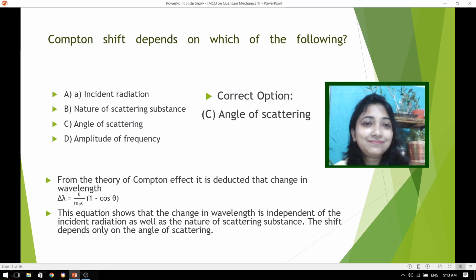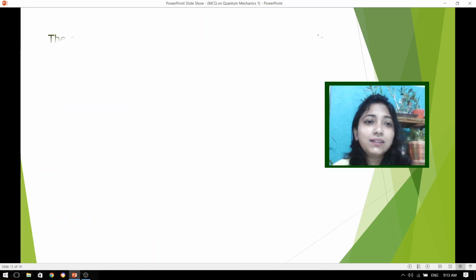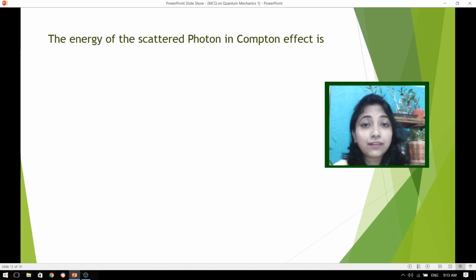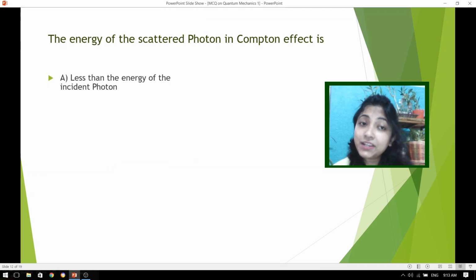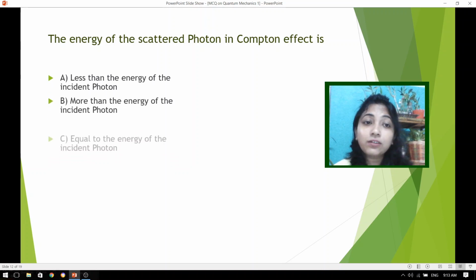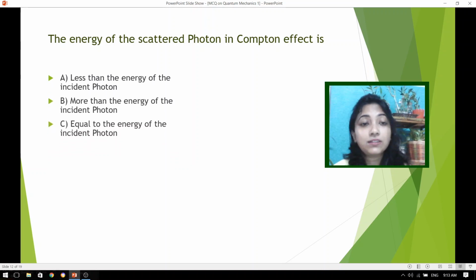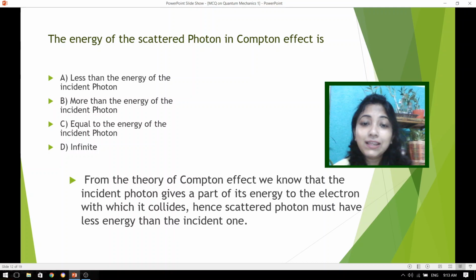Correct? Moving forward, the energy of the scattered photon in Compton effect: is it less than the energy of the incident photon, more than the energy of the incident photon, equal to the energy of the incident photon, or infinite? Now students, I hope all of you remember that the incident photon in the Compton effect gives away a part of its energy to the electron with which it is colliding.